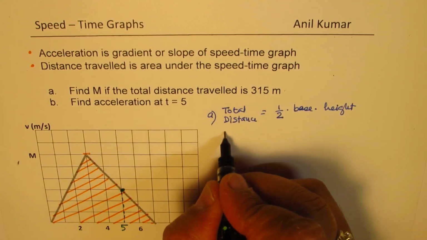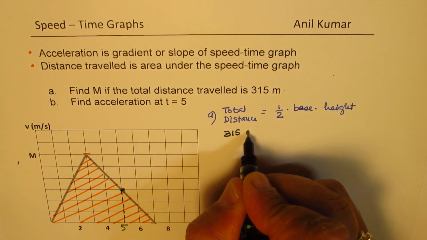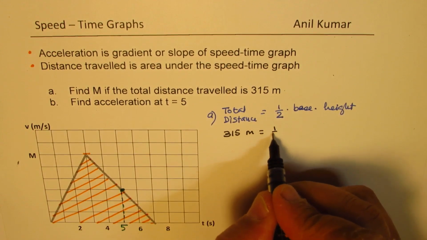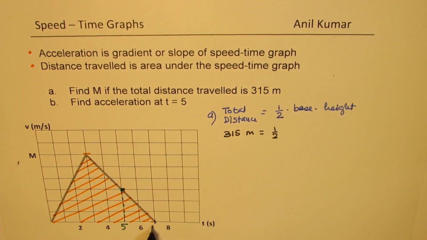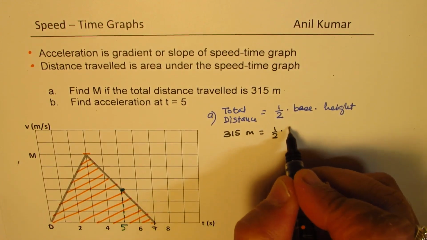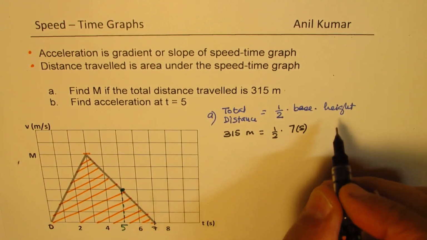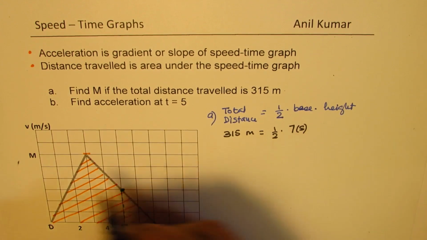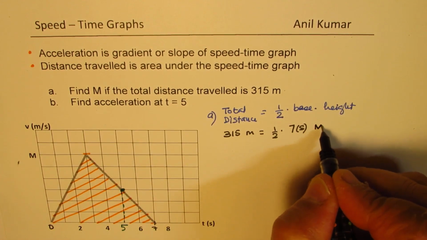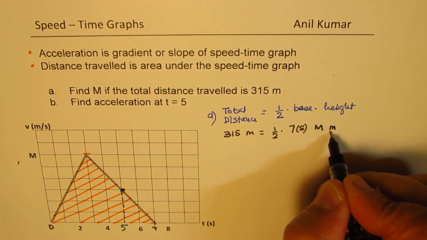But we are given the distance, which is 315 meters. So we'll use this. And as far as the base is concerned, this is 7 seconds, from 0 to 7.